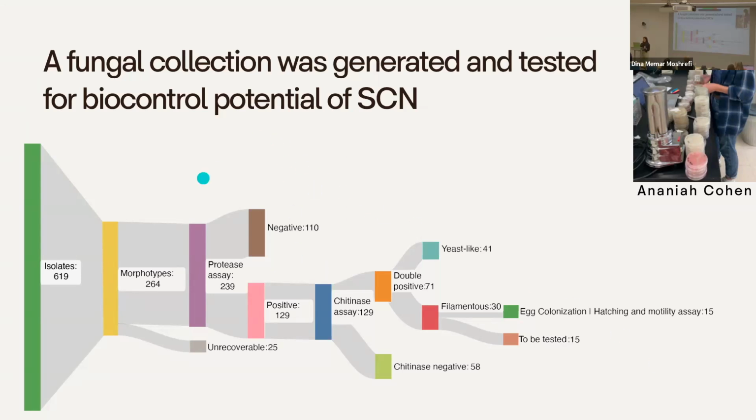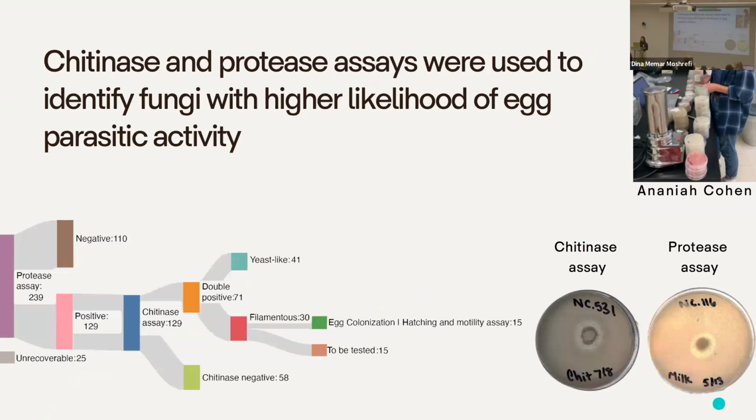But of the tested isolates, 239 then went in to be tested for protease activity, extracellular protease activity, in that plating assay that I was telling you about. Then anything that was positive for protease was also tested for chitinase activity.